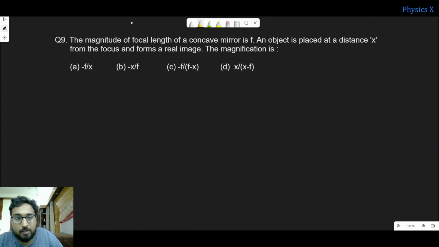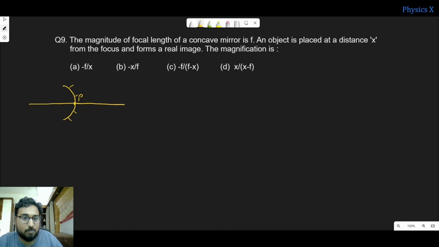Okay, next question. The magnitude of focal length of a concave mirror is f. An object is placed at a distance x from the focus and forms a real image. The magnification is? So he's telling a concave mirror is there. This is your concave mirror and this is your pole.